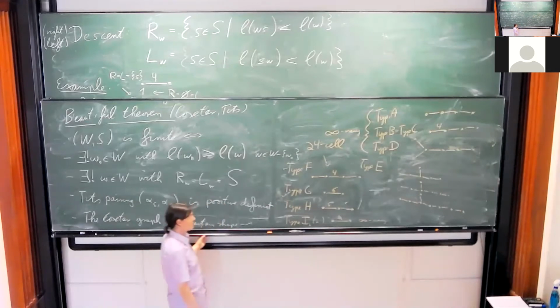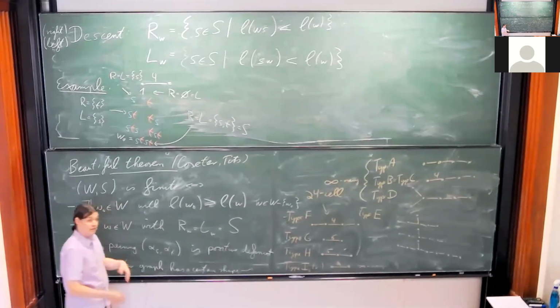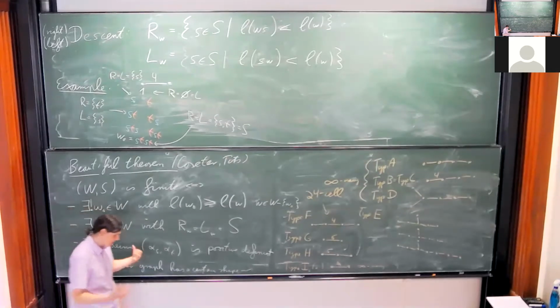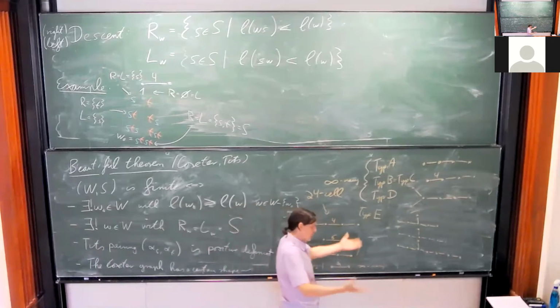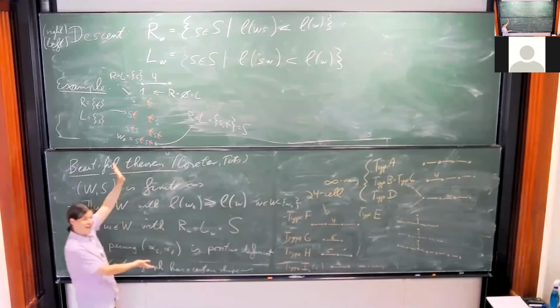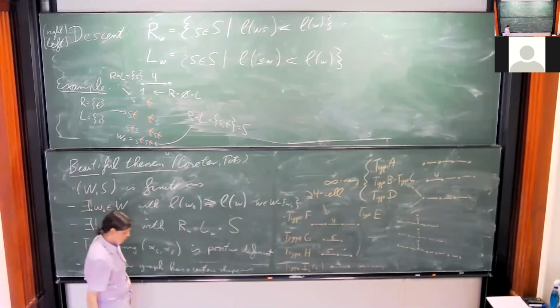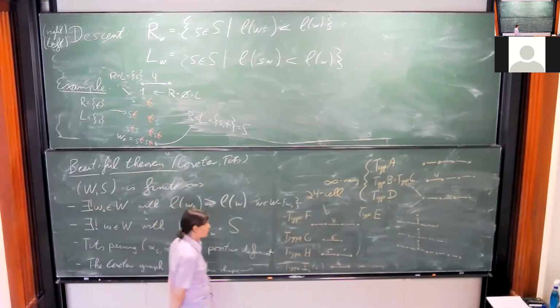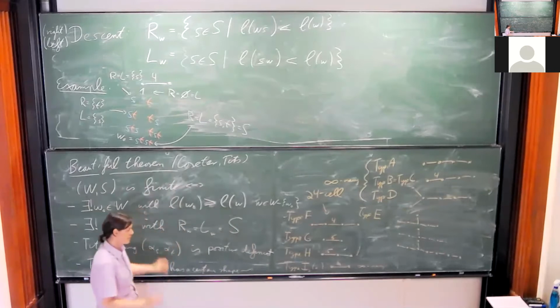That's it for today. Let me summarize what we've learned today. I gave you a little bit of motivation why Soergel bimodules should be interesting, because they should generalize this picture. And this picture should be a shadow of a richer structure called Soergel bimodules, which themselves are still easy. That's what we will see.